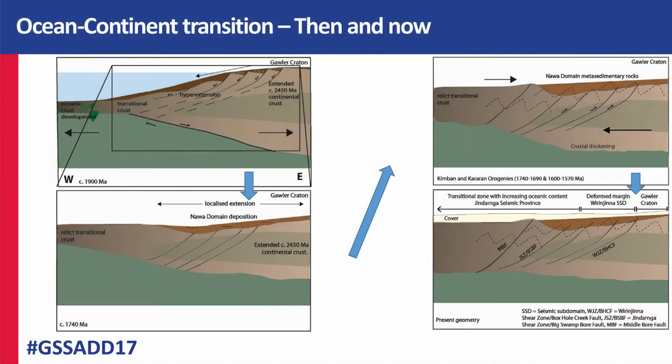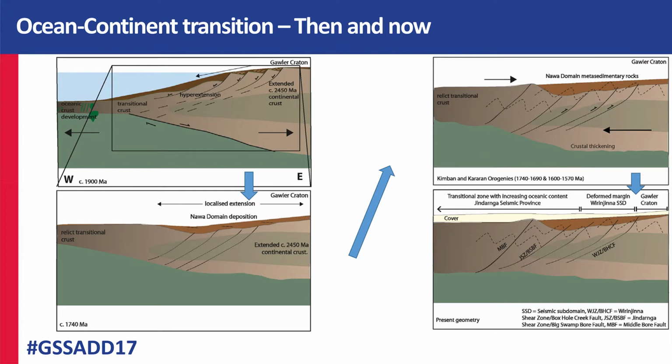So we can track the evolution from top left, maybe what it once looked like at around 1900 Ma. Then we've got a marginal deeper center deposited on top, which may equate to the Gawler domain metasedimentary rocks, effectively obscuring what might have been this margin. And then we've hit that with a few orogenic events, the Kimban, the Kararan, and reworking at 1450 as well.